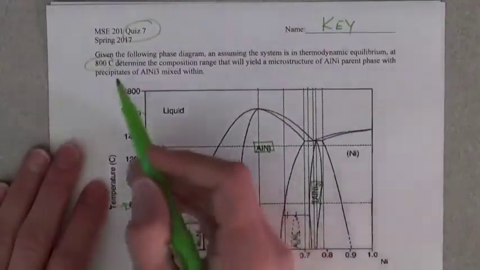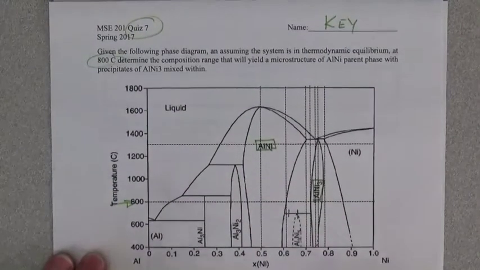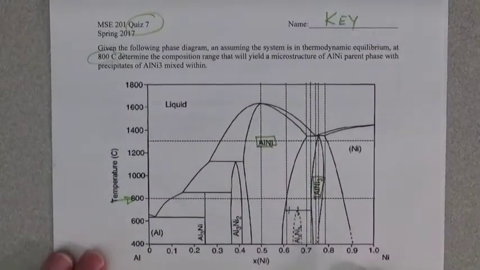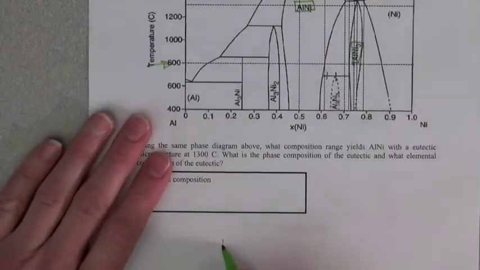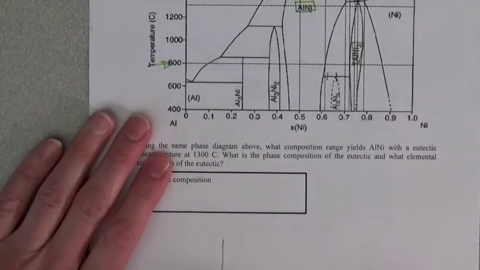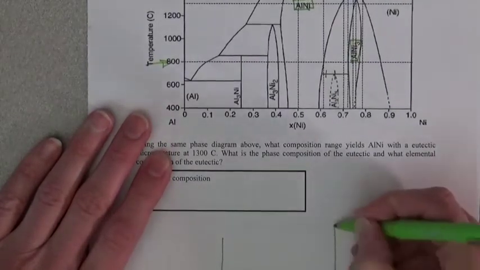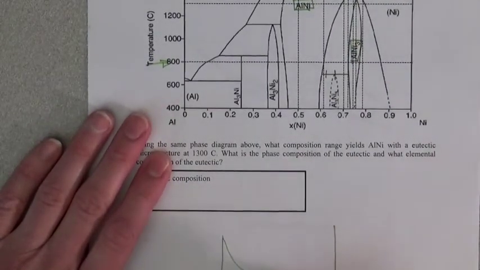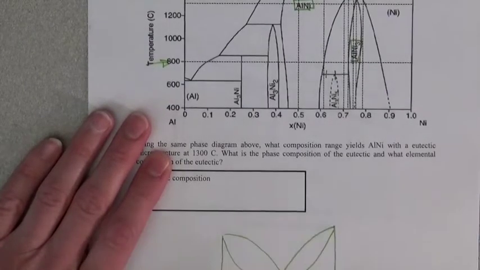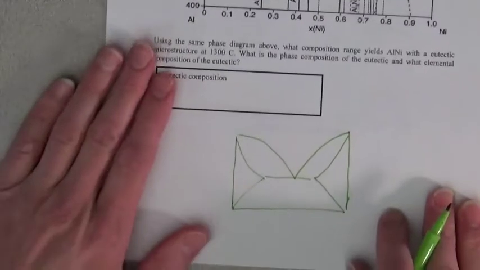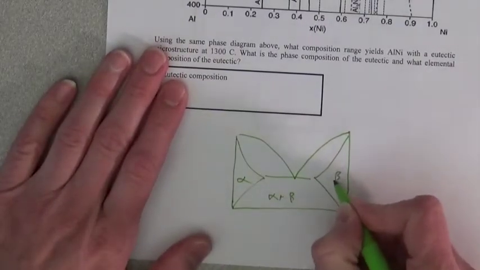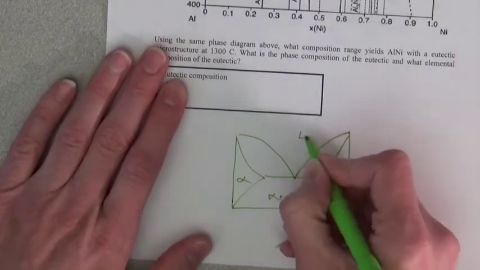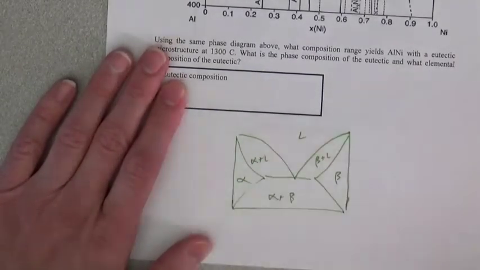So we're looking at 800 degrees, and what I was asking about is what compositional ranges would give you a precipitate in a solid parent. If you remember, in class we had our idealized phase diagram like this, in which we had an alpha, alpha plus beta, beta, beta plus liquid, liquid, alpha plus liquid.